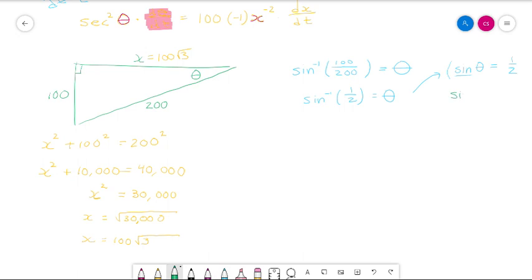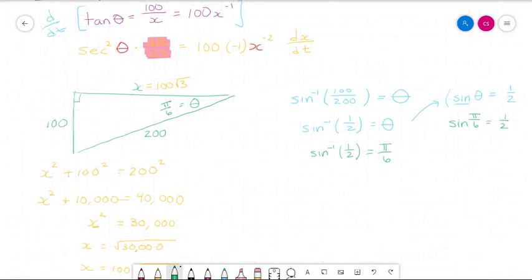Sine of 30 degrees, sine of pi over 6 is equal to 1/2. So what's the angle? The angle is pi over 6. And you can use 30 degrees too. Sometimes in word problems, we don't do radians as much. Sometimes in real life applications, we do use degrees. So that's an option.